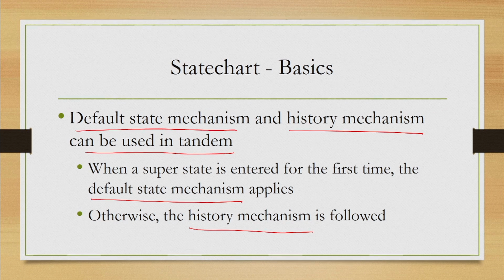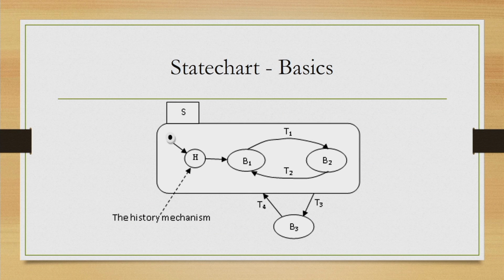The idea is illustrated in this figure, where we are combining the default mechanism with the history mechanism. So, H within this circle indicates history and the default mechanism we have already seen. So, in this superstate both the mechanisms are specified.